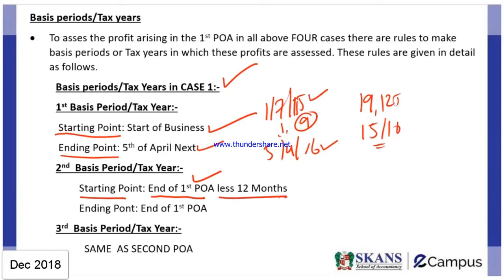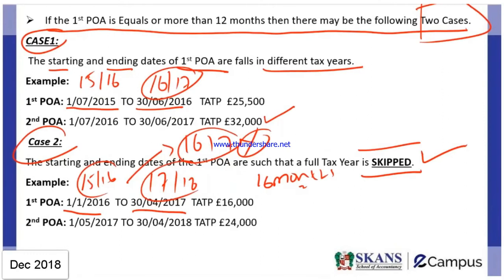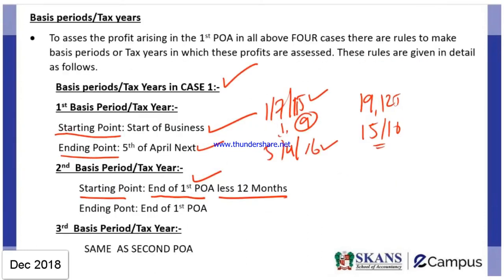You have to go back 12 months from the end of the first period of account. In our example, the first period of account ends at 30th June 2016. When you go back 12 months, the date comes to 1st July 2015 and it ends at 30th June 2016, because that is the end of the first period of account.